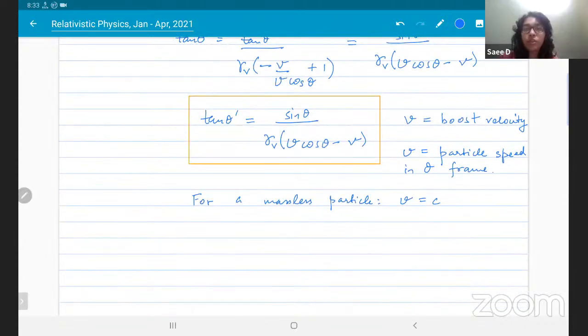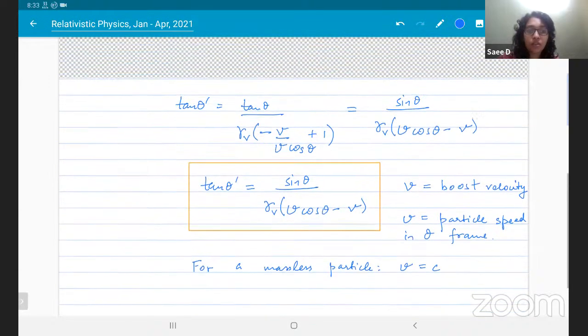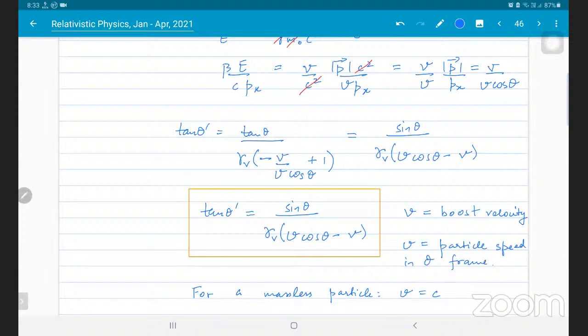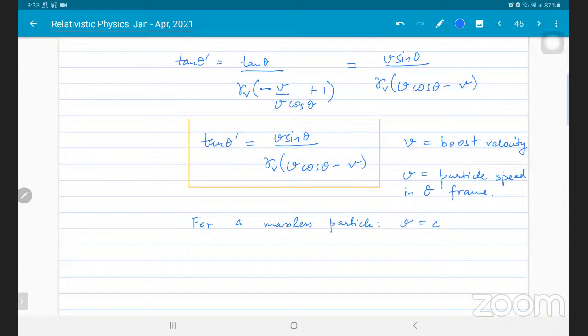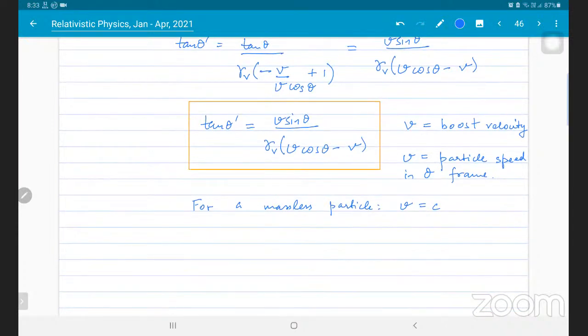So won't there be a u in numerator also? U sine theta by gamma v. Oh, did I miss that? Thank you. Yeah. All right. Okay. So for a massless particle, u is equal to c, and then I would get tan theta prime is equal to sine theta O gamma v into c times cosine theta, and again, c times sine theta minus v.